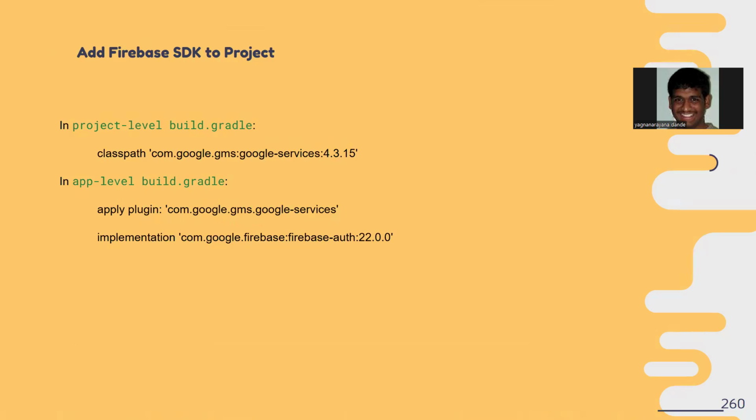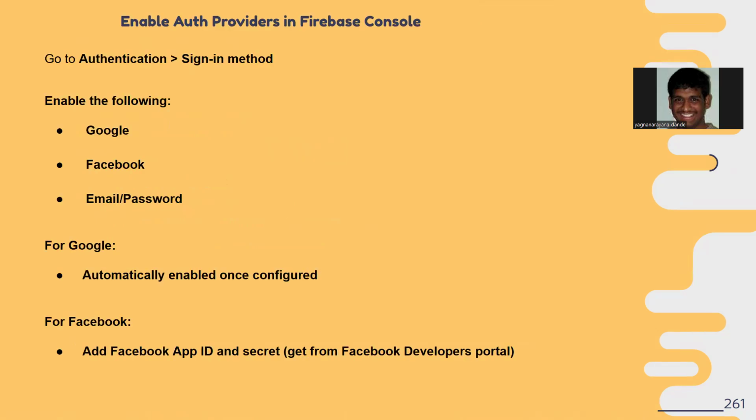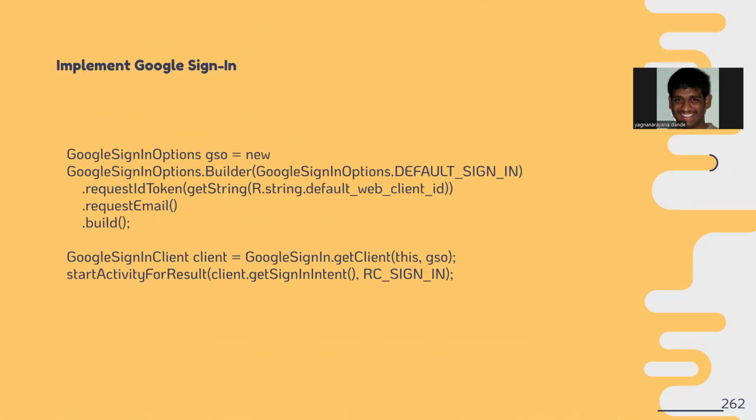So in build.gradle, we will add one dependency so that we get the Firebase. So we have already shown this also. Then in your activity, for login, you have a different screen, right?